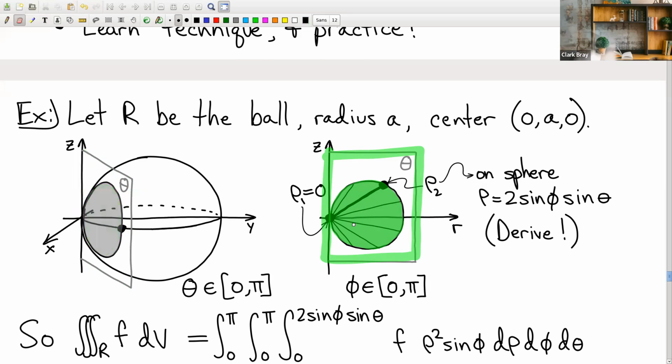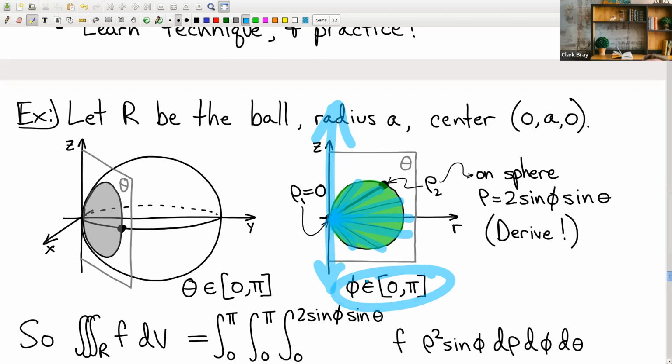Having redrawn it, I can now ask, what are my phi slices? Well, my phi slices are kind of like this. In particular, the first one is going to be up there at 0, and then the last one is going to be down here at pi. So phi goes from 0 to pi. Cool.